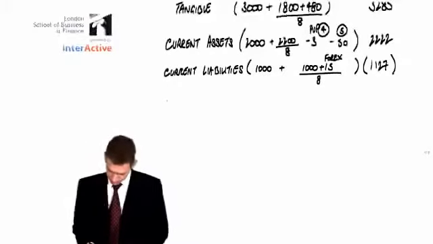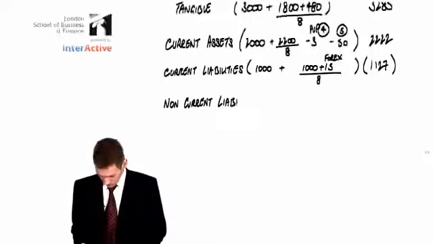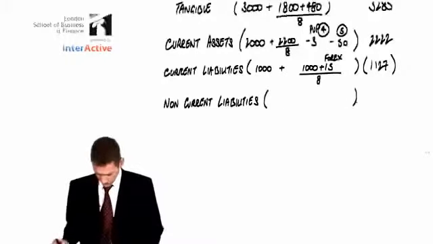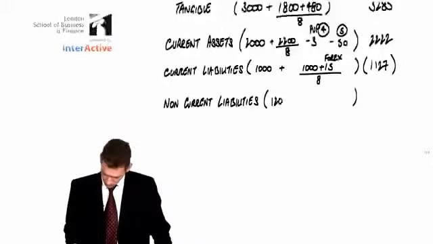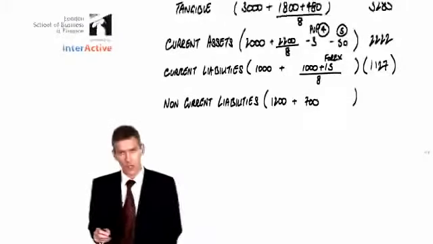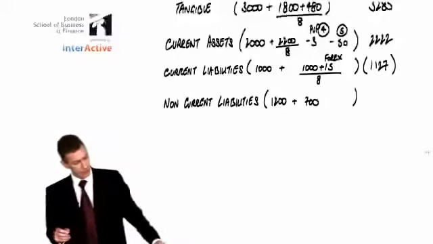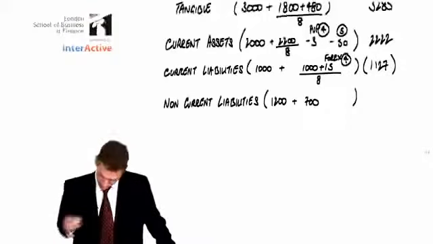Non-current liabilities. This one's easier. 1200 plus 700. In paragraph 4, we're removing Forex.